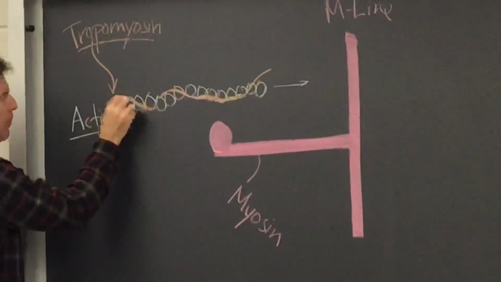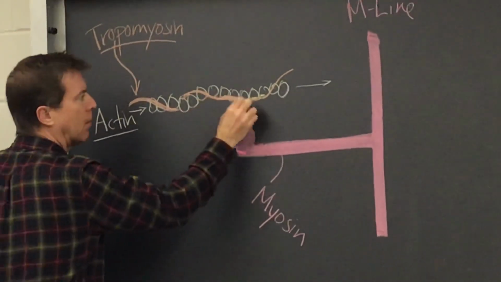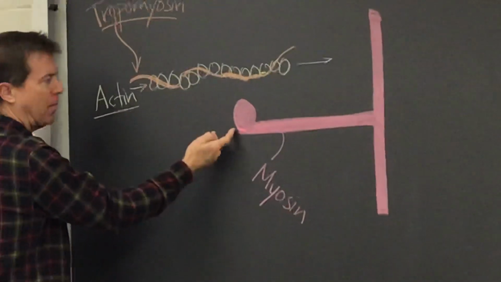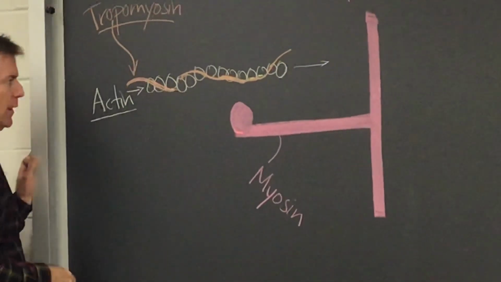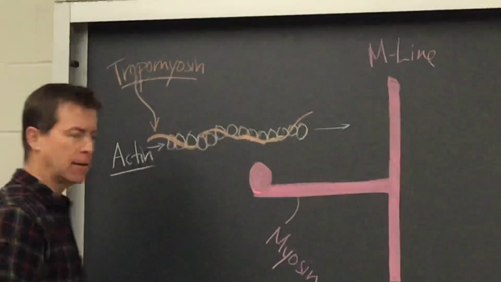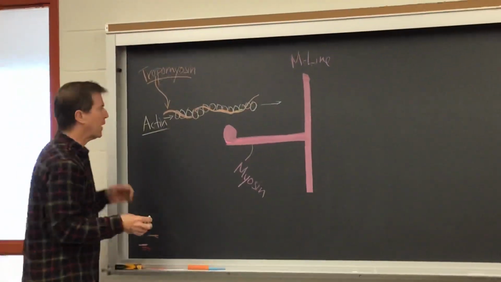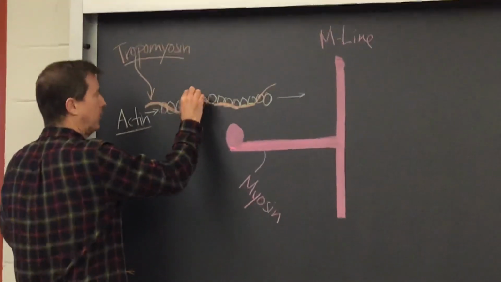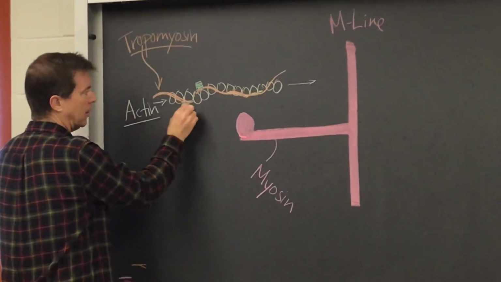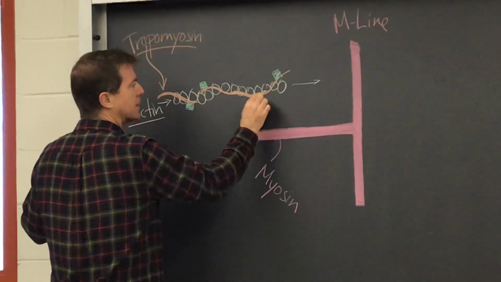Tropomyosin is this grapevine-like structure. It's like a stick. It wraps around actin and covers these binding sites so that myosin cannot attach to it. Attached to tropomyosin are these little tabs, a 3 or 4 peptide structure. I'm going to draw in green chalk these little tabs attached to tropomyosin.